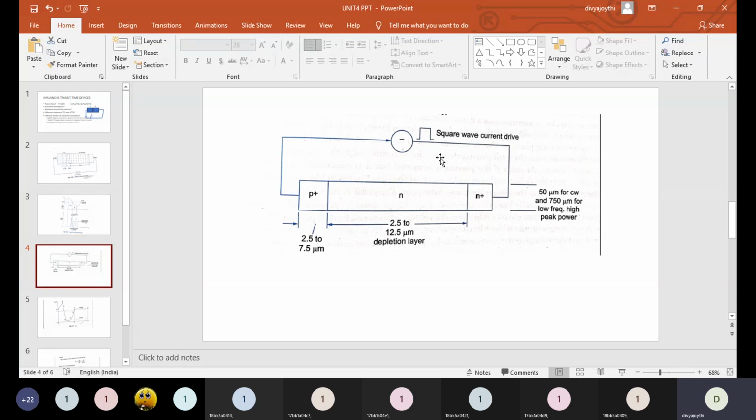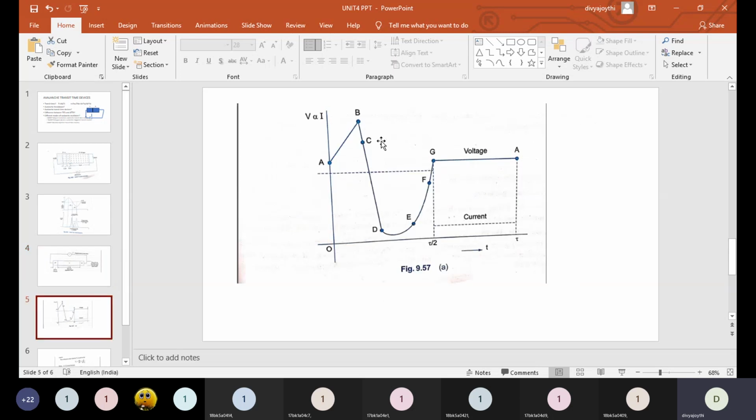Generally, we provide the voltage and observe the output as a current. Here, we provide a current signal, not in the form of a sinusoidal, but in the form of a square wave, and we observe the voltage. If you observe this characteristic, the x-axis is time and the y-axis is V, directly proportional to I. This dotted line is nothing but the square wave.